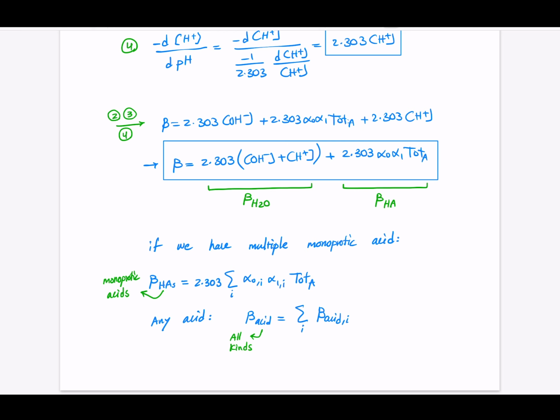So this is pretty useful also, like this one specifically. If you have more than one, you can just basically have that.